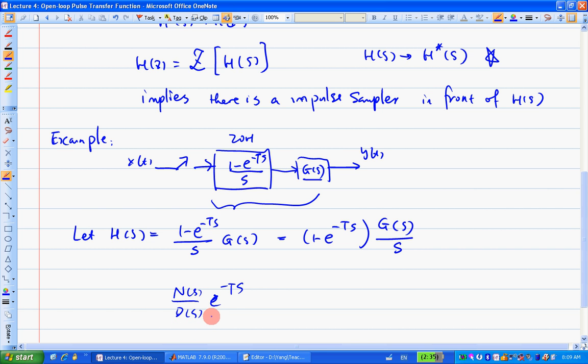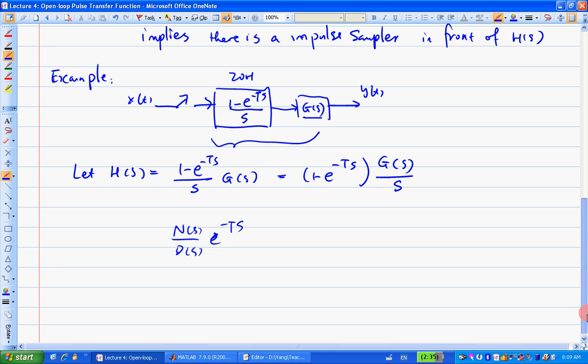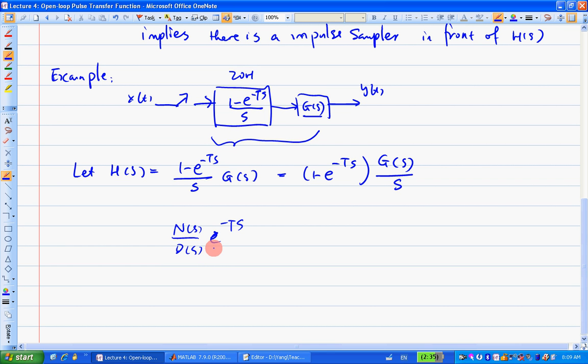You remember that? So when you look at the step response of this kind of system, you can distinguish it easily. Anyway, the point is you can see the effect of the zero order hold imposed on the original system.